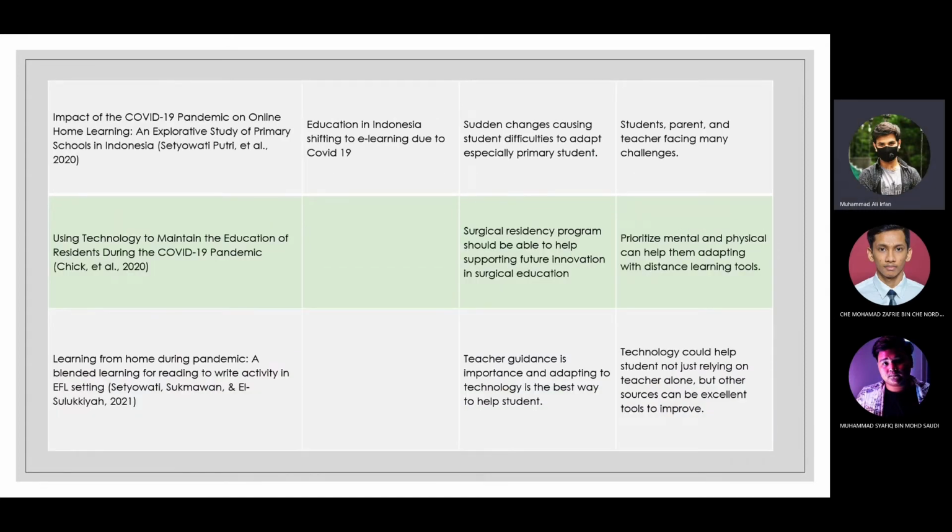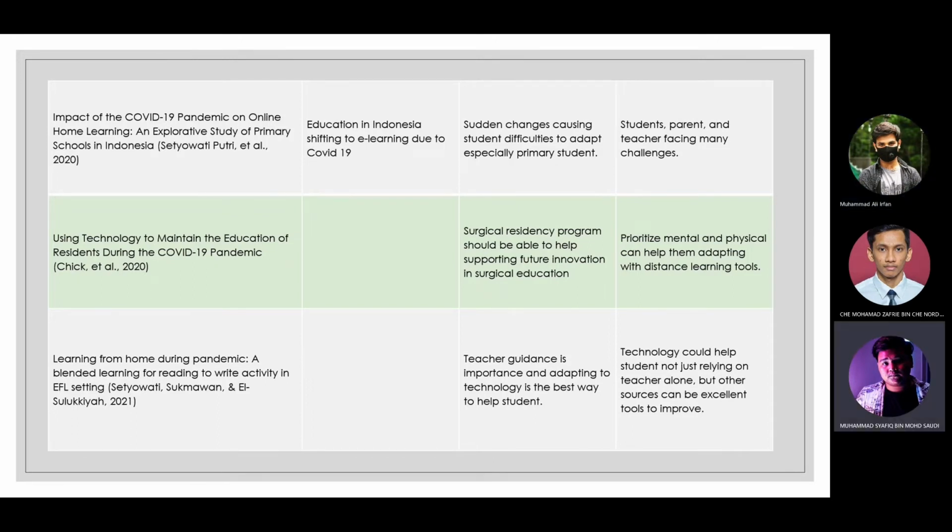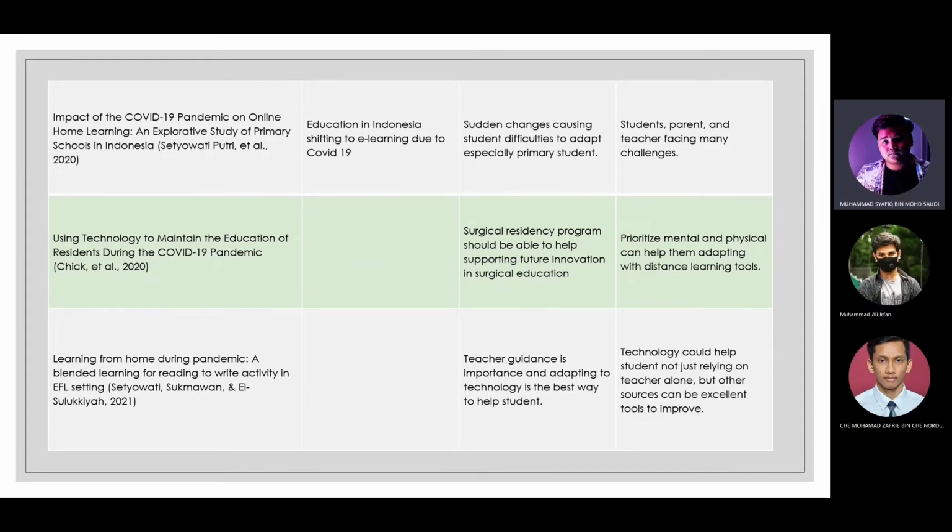So the impact of the COVID-19 pandemic on online education. For the impact of the COVID-19 pandemic on online home learning, an explorative study of primary school in Indonesia by Setiawati Putri.